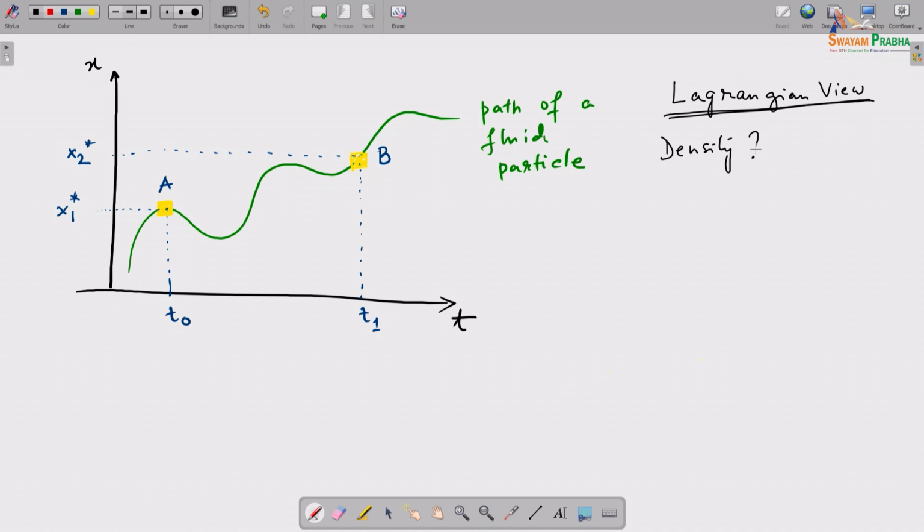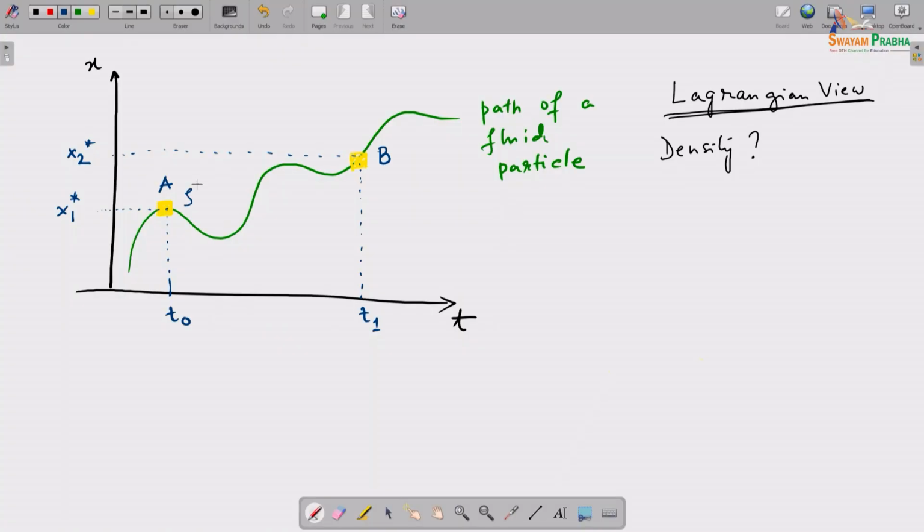Let the density, velocity, temperature, viscosity, and all physical properties of this particle be denoted with a star. If I were to say this, then what is the density of the particle at A?